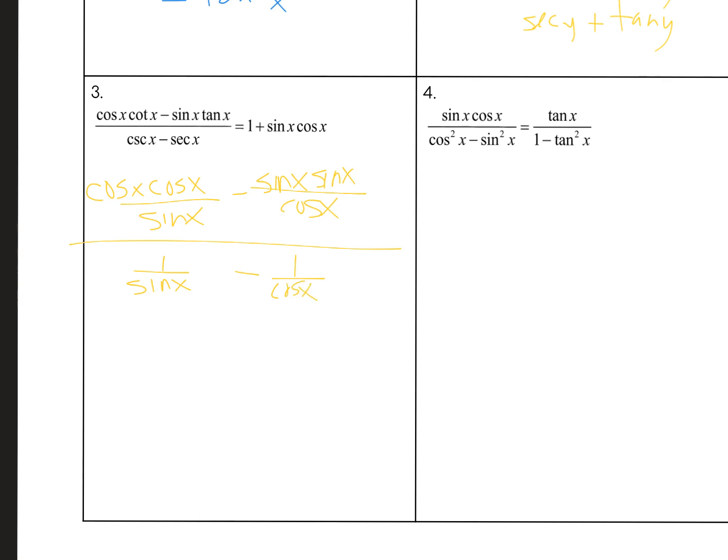And secant is 1 over cosine. All right, so I got sines and cosines all over the place on the denominator. What I'm going to do is multiply this by sine cosine, and multiply this by sine cosine. So I'm going to distribute that in. When I distribute the sine cosine into here, the sine and the sine will cancel out. So that will give me cosine cubed.